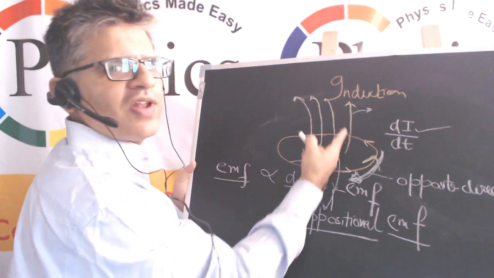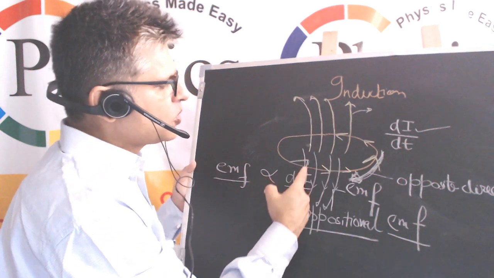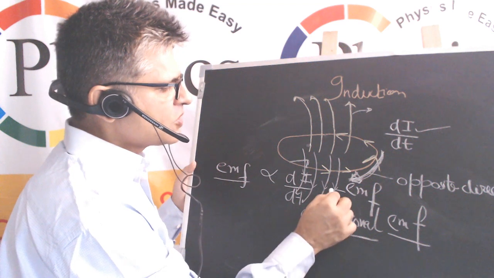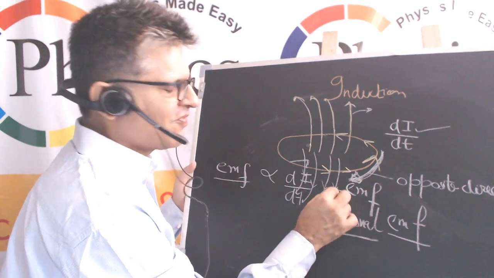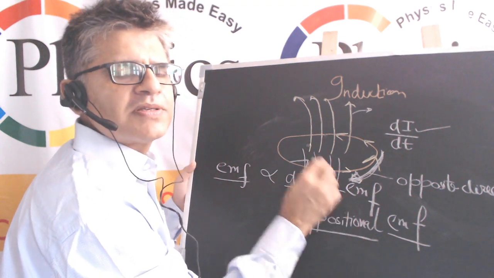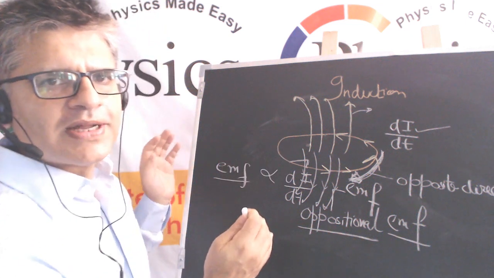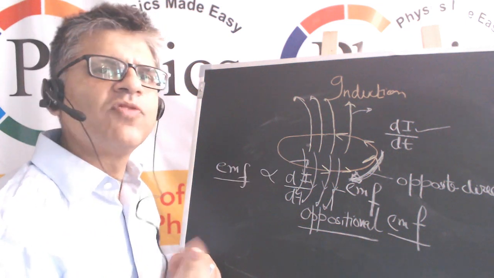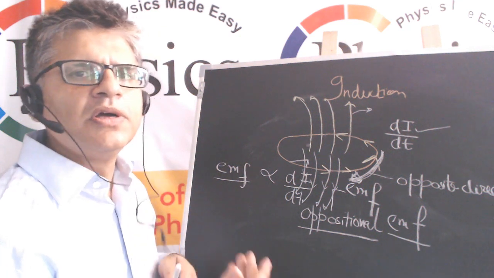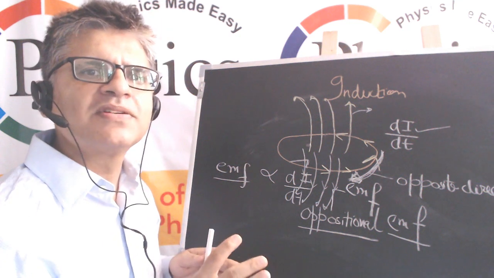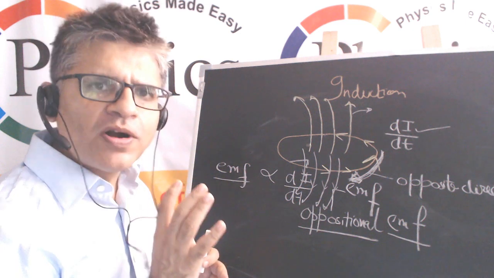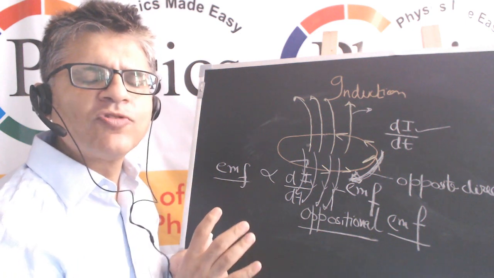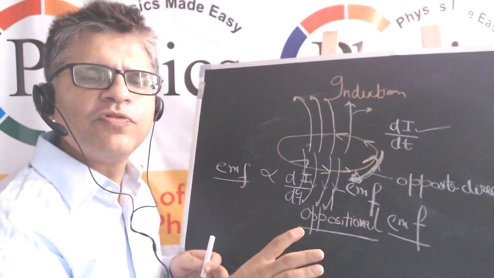So this new flux came in because you closed the key, and this opposite flux came in because the inductor or the inductance wants to maintain the same state it was in. Assume there's a mass at rest, it wants to stay at rest. You will have to apply external force to make it move.